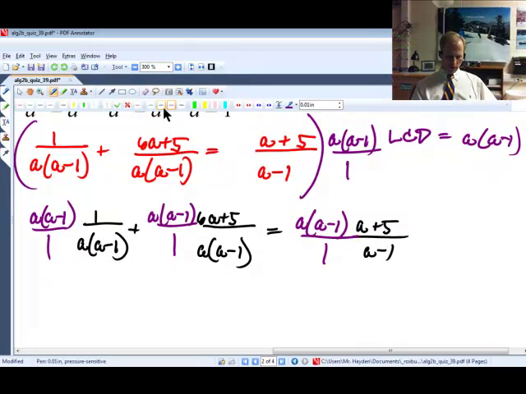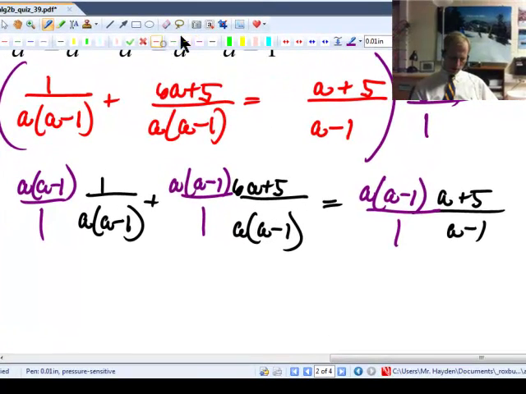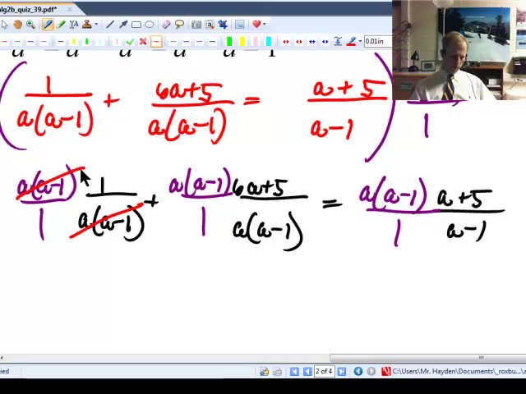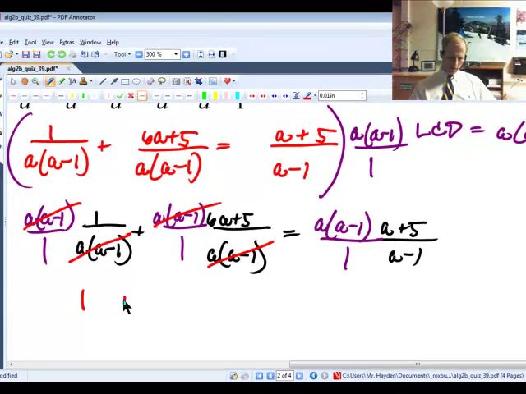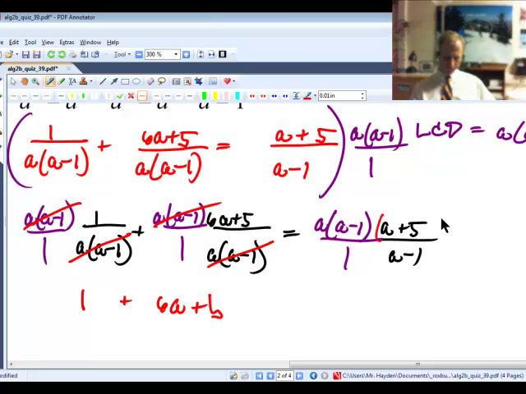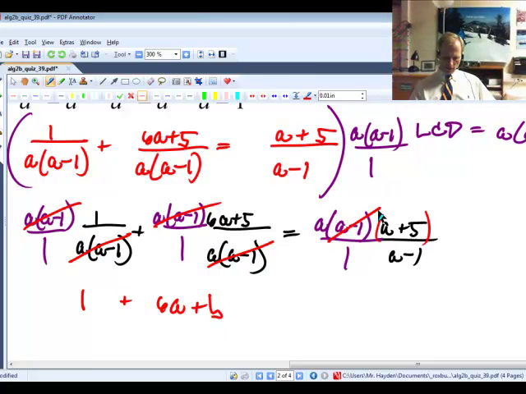And now I'm ready to cross out terms that are in both the numerator and denominator. So in the first term, pretty much cross out everything except for 1. Second term becomes 6a plus 5. And then in the third term, only the a minus 1's drop out, and I'm left with a times a plus 5.